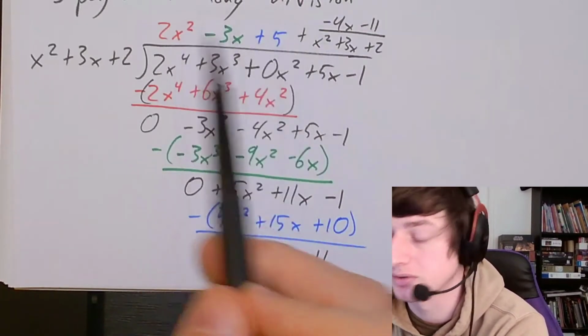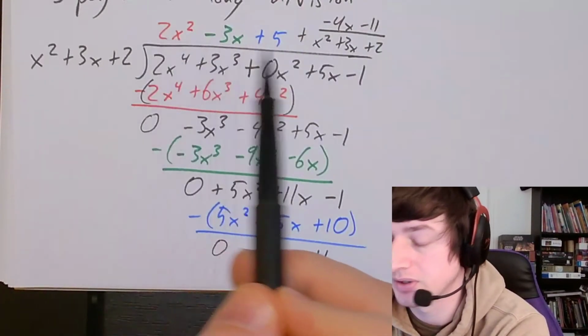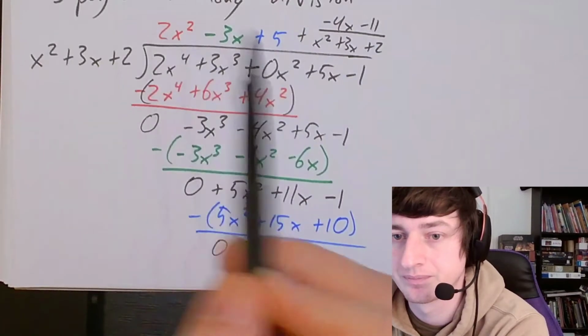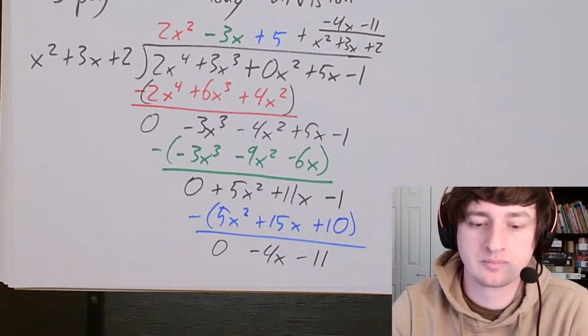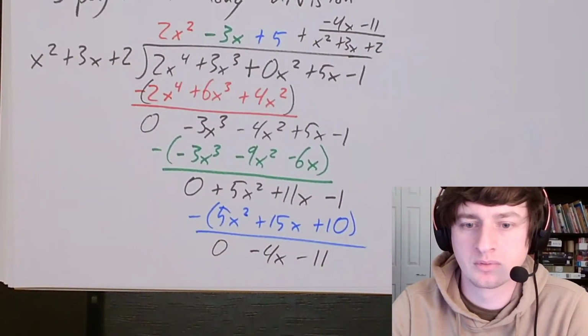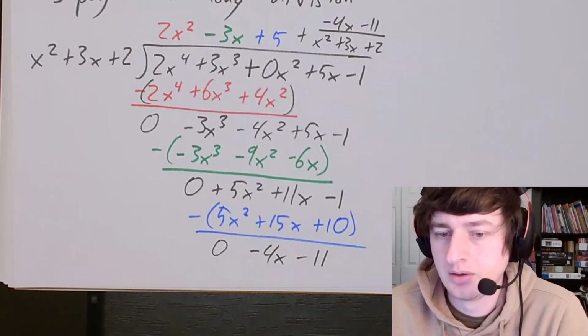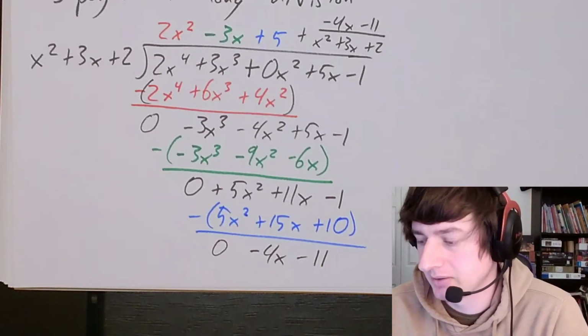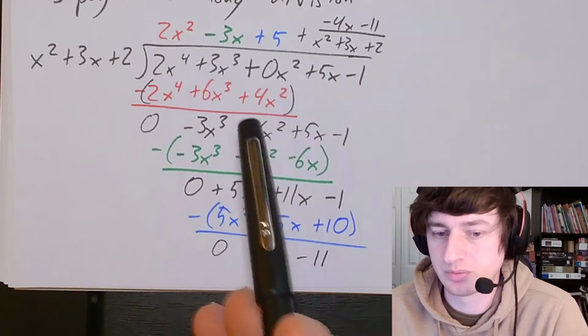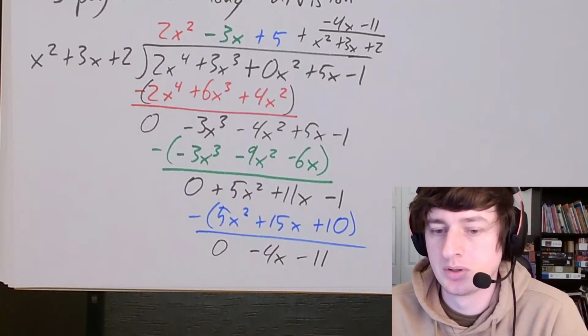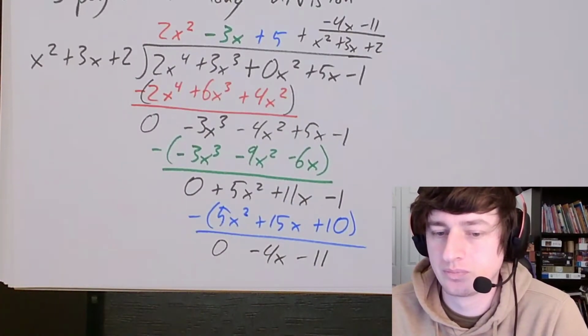So our answer is this stuff in red, green, blue, and the black up here. Okay, and we could always check if we multiply back, do we get what we started with? We're not going to do that on this problem, but you could always check it.